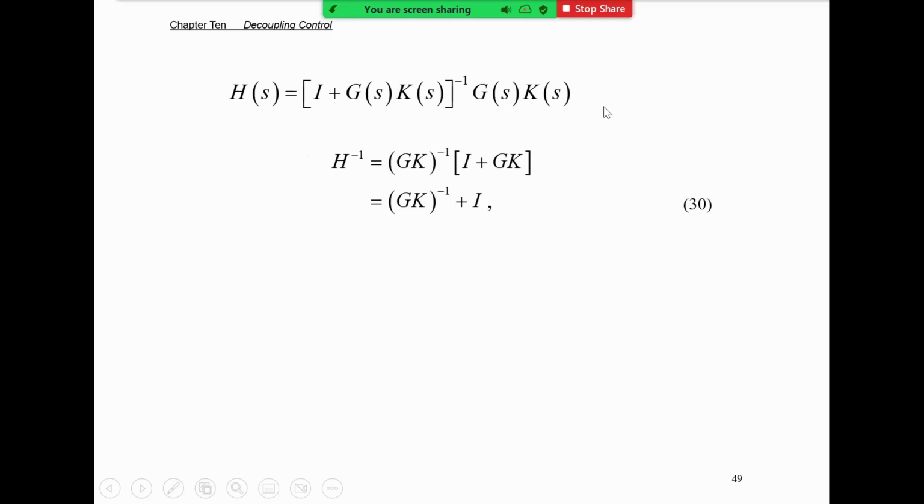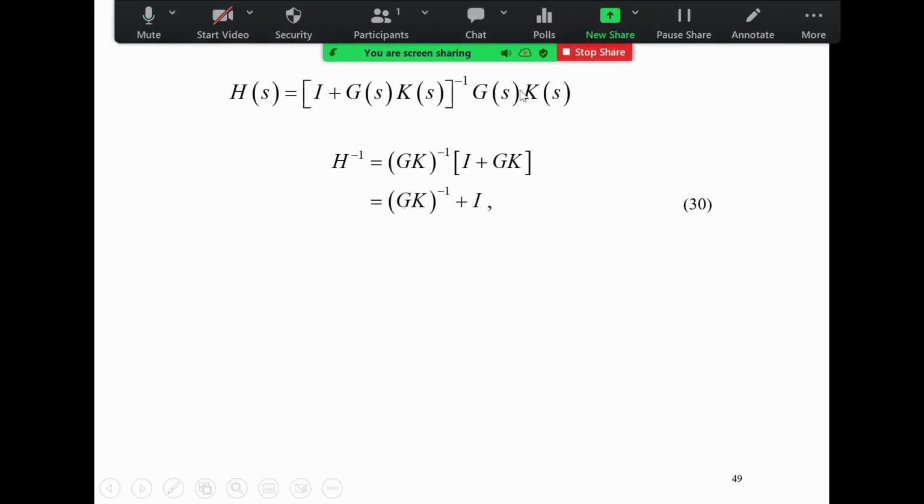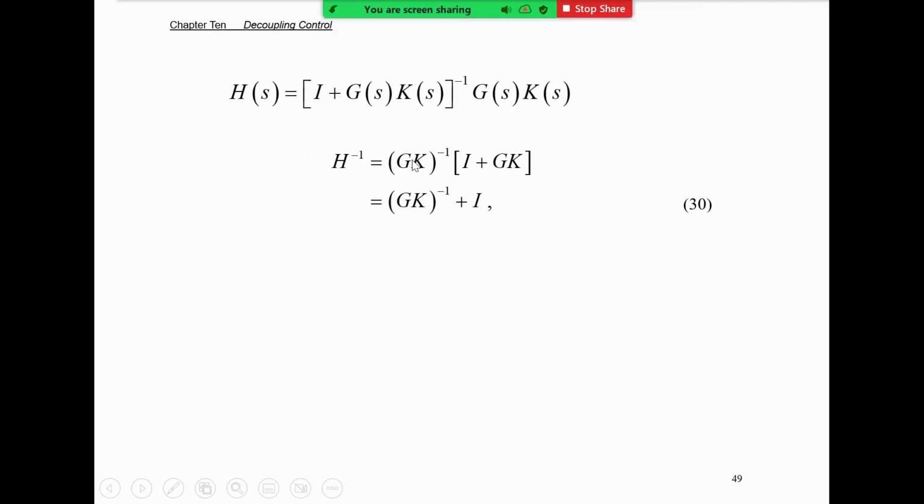But let's take an inverse on both sides. This one will be the inverse of H. This one we'll have to take the inverse of G times K, but the inverse will have to switch the sequence, so this inverse of GK will appear on the left side.